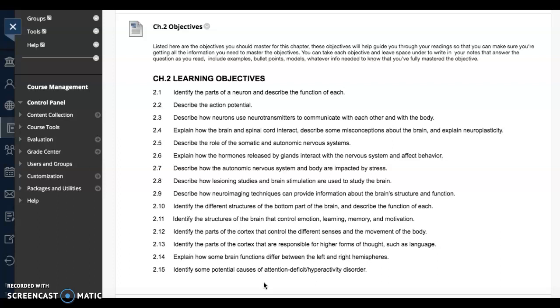Those are all really important, especially in this chapter, because they go over visually concepts that are hard to explain in words, but when you see it in pictures, it makes sense, especially the neuron and the parts of the brain. Understanding how that all operates, it's a very visual phenomenon. So it's very essential for you to be watching the videos this week.